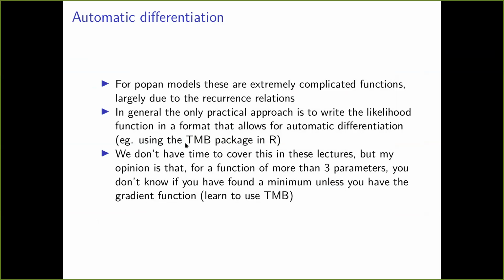So for example, there's the TMB package in R. If you use this package, you can write the code for the likelihood in a C++ file. And then the TMB package can automatically find the derivative of that likelihood function, even though it would be a huge and extremely complex function that you would never want to write down. The computer can still use it to find the values of the gradient and the Hessian.